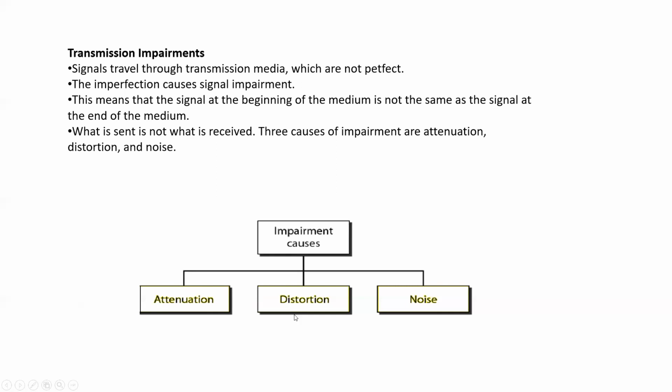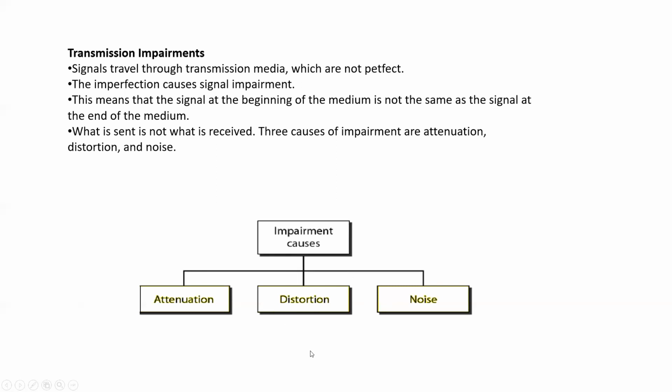Next is the distortion. We can say the delay distortion. How is it caused? It is caused by the fact that signals of varying frequency travel at different speeds along the medium, the transmission medium.